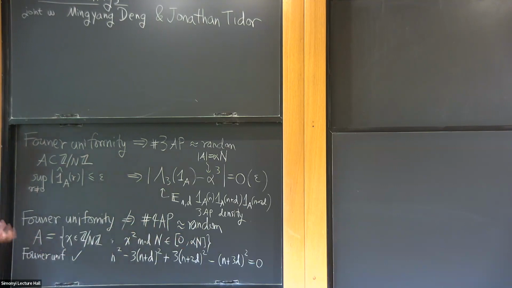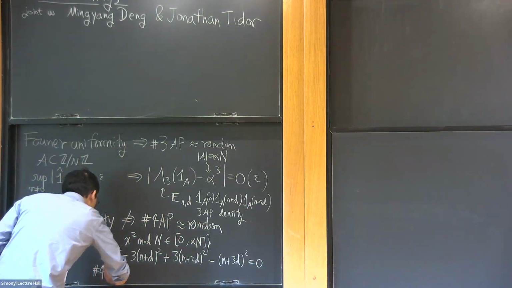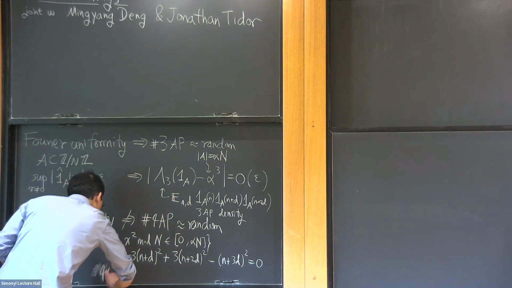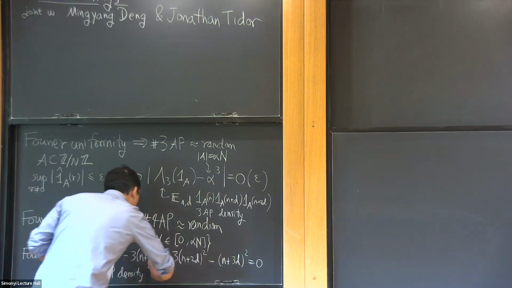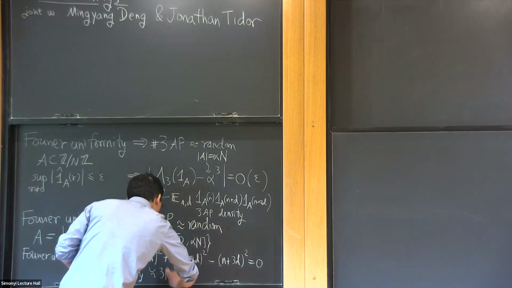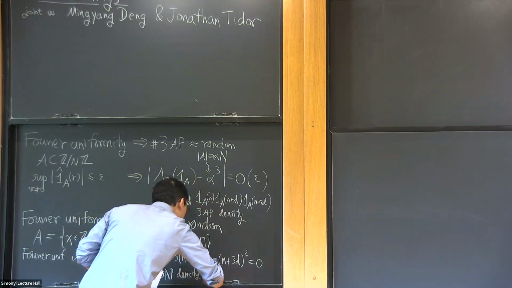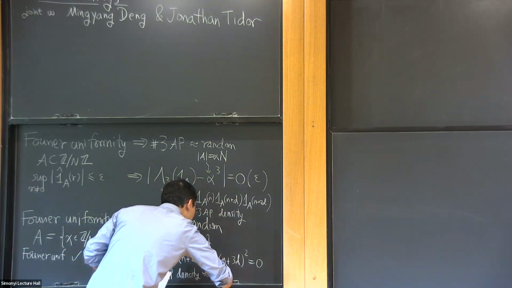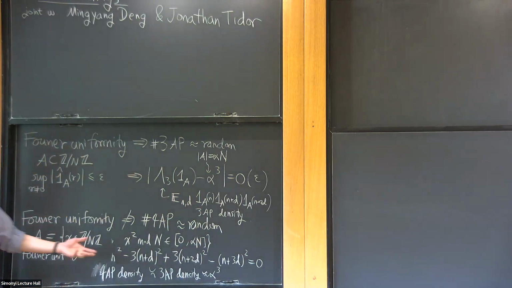So the 4AP density, up to some constant factor, will be around the 3AP density, which we saw earlier is around alpha cubed. And that's much larger than what you would expect in a random set, which is alpha to the fourth.